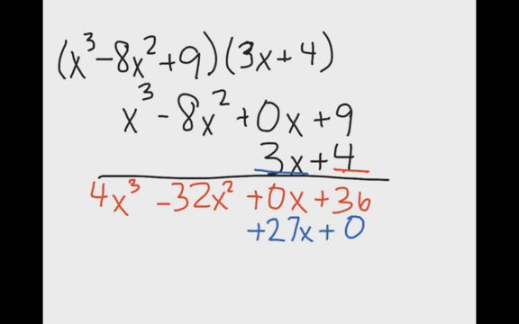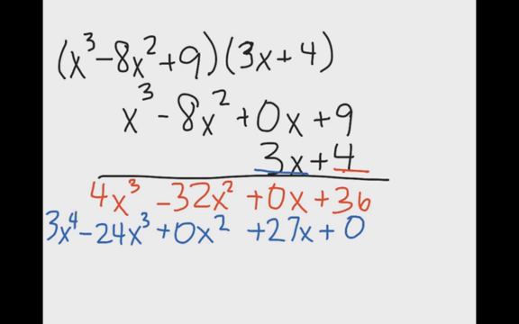That's positive. 3x times 0x is going to give us 0x squared. 3x times negative 8x squared will give us a negative 24x cubed. And 3x times x cubed is going to give us 3x to the 4th.